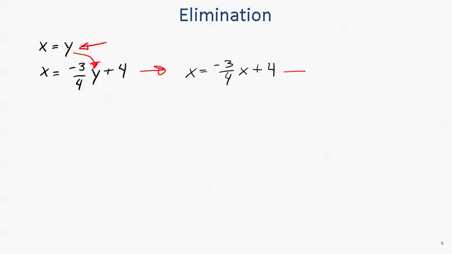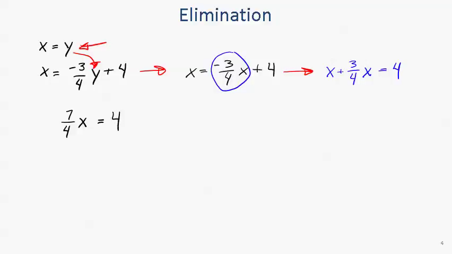And we can solve this by subtracting this term from both sides. So we'll get x plus 3/4 x equals 4. And then we add them together. If you want to add fractions, you're going to get 7 over 4 x is equal to 4.